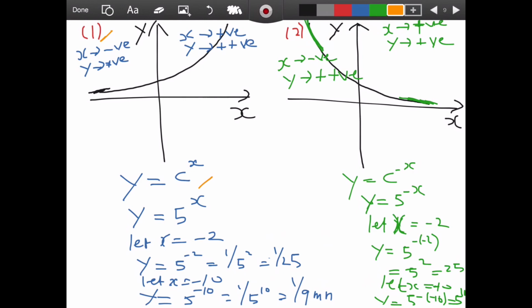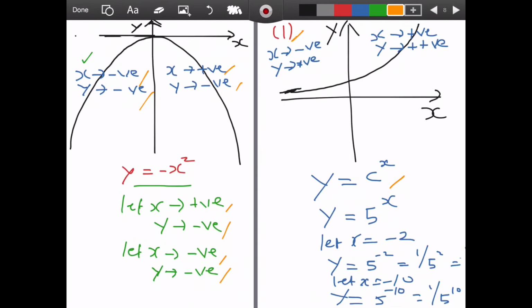When the graph is going down, a downward trend approaching zero as x approaches a positive number, the equation that describes it is y equals 5 power of minus x.